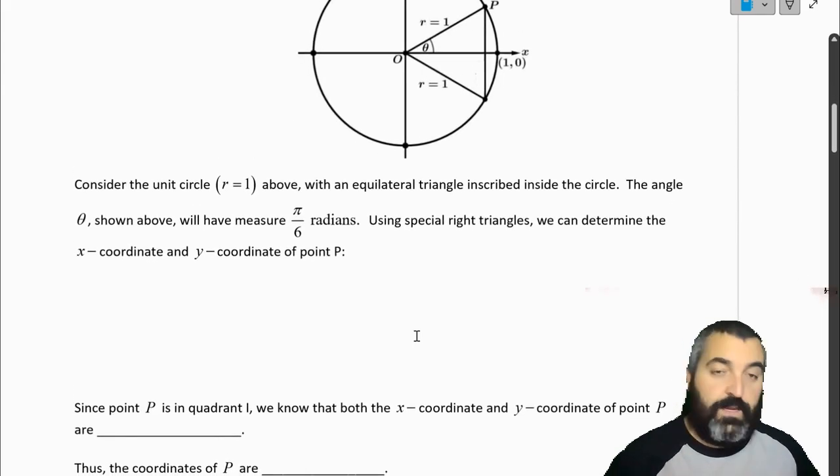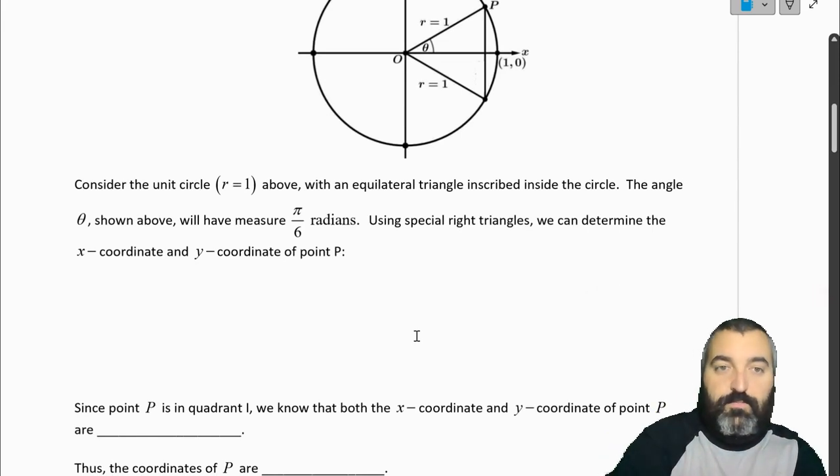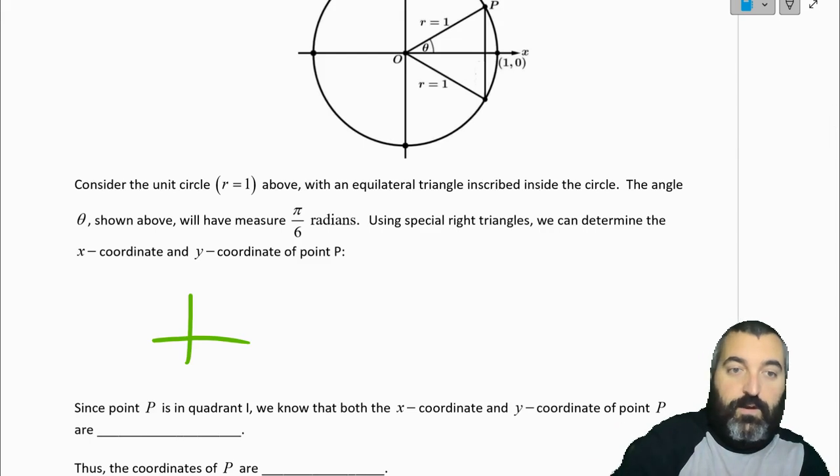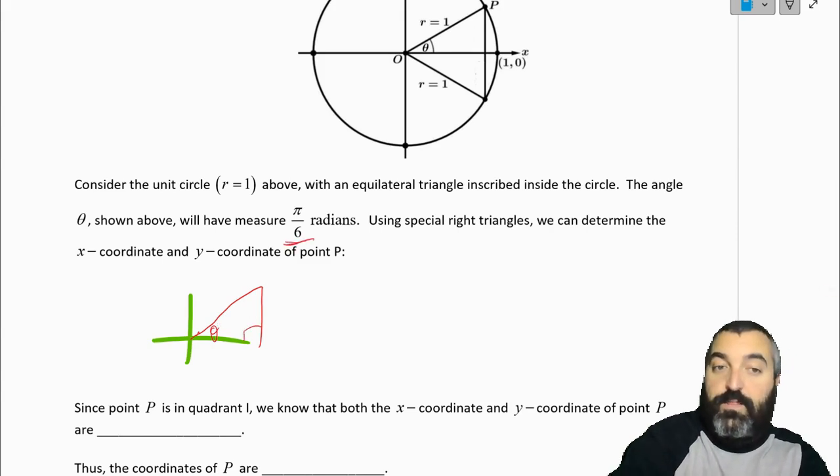So, again, I'm going to redraw this. So I'm going to draw in just the top part of this. So this is theta, which is pi sixth, which if you recall from a couple videos ago, the ratio is w root 3 to w, okay?